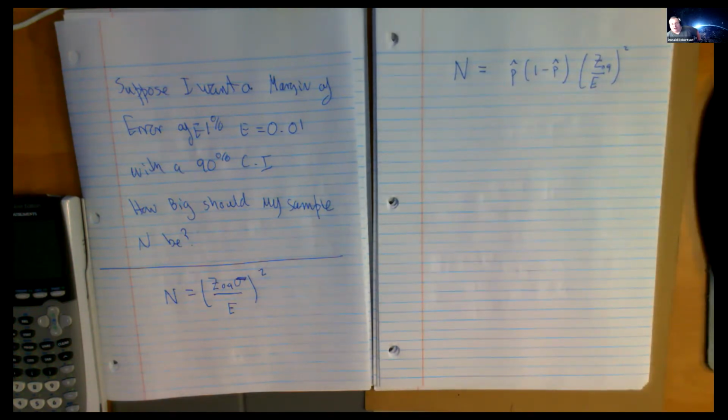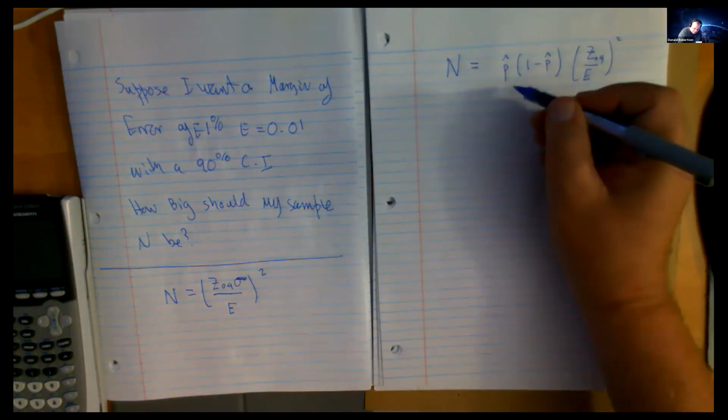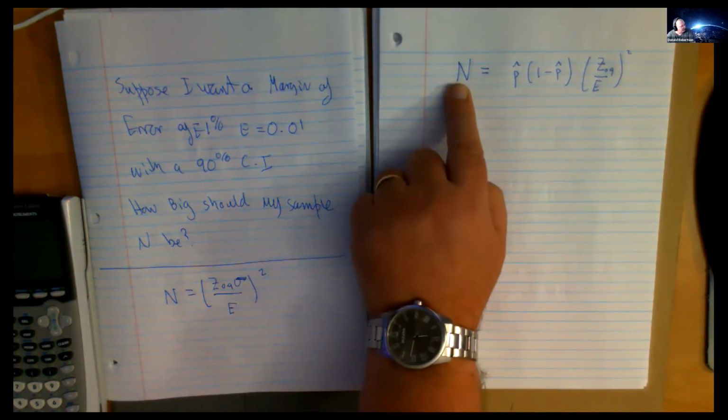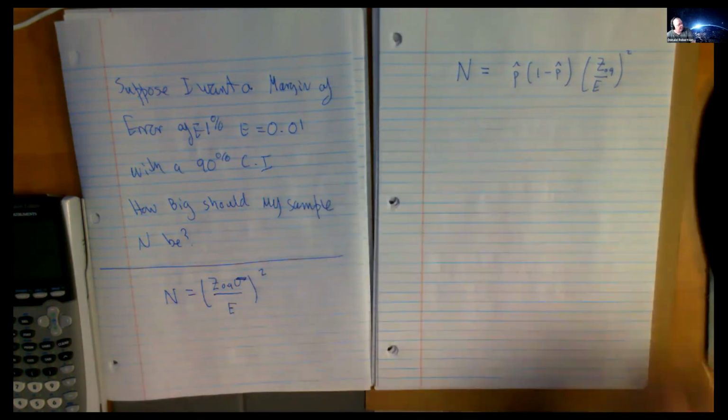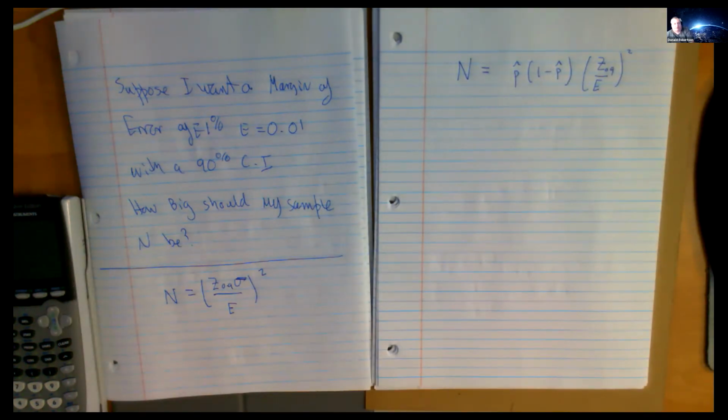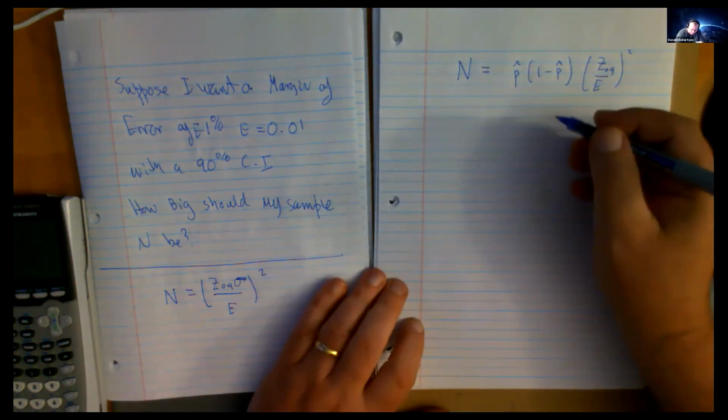now the formula has a little bit of an issue here. You're going to find how many people to ask before you know what p hat is, right? Technically it's p, but in real life it's really p hat, right? So how do you get around that? There are two versions of this.